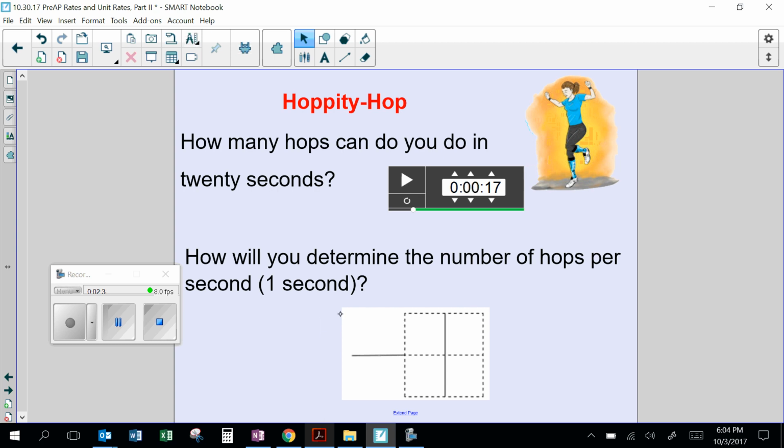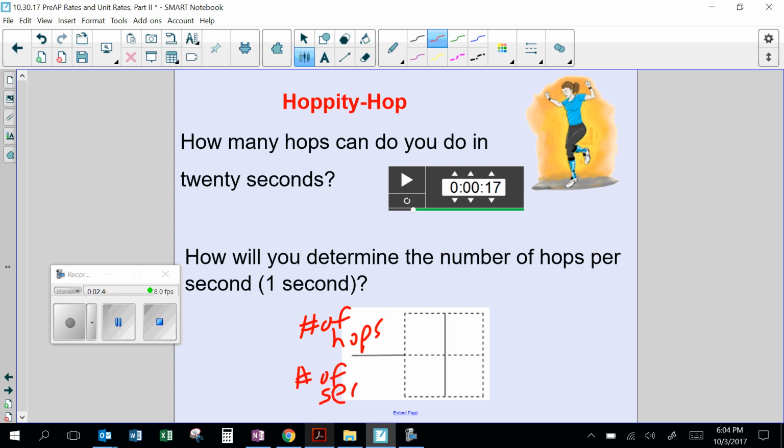So this is about number of hops and number of seconds. You were able to do 15 hops in 20 seconds. But I want to determine how many hops can you do each second. Every second, 1 second. How are you going to break it down from 20 seconds to 1 second?